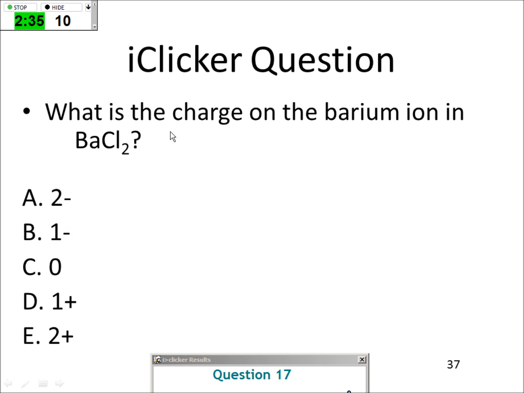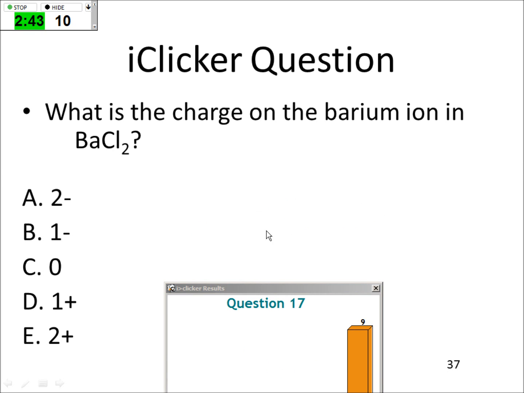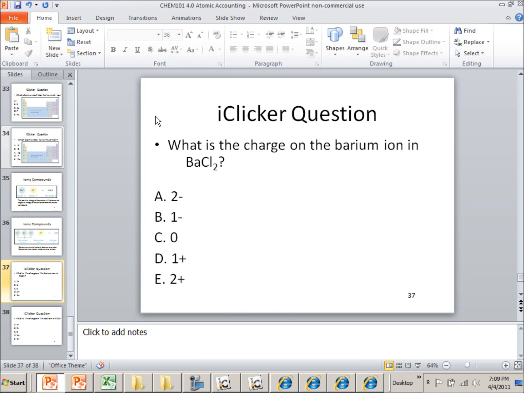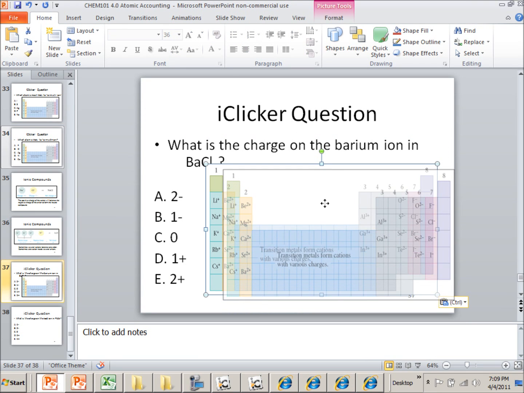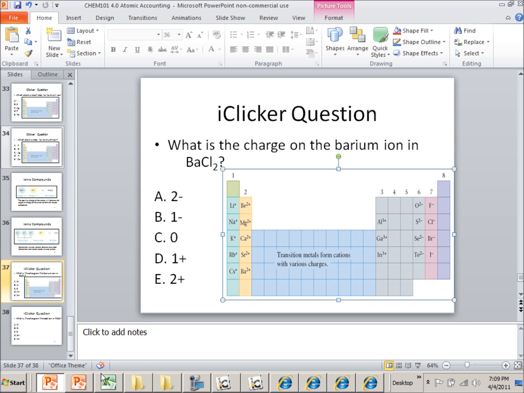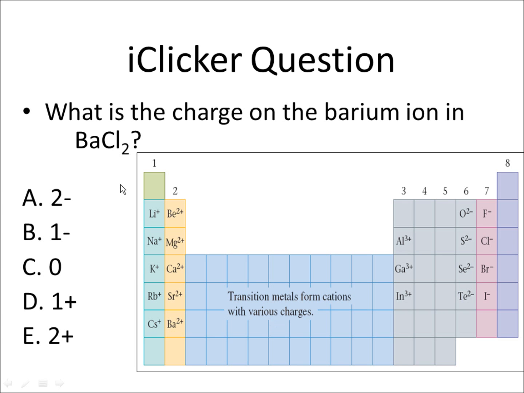What is the charge on the barium ion in barium chloride? There are actually 2 ways I can show you how to do this. See if I can give you a periodic table again. Okay, what do you guys think?